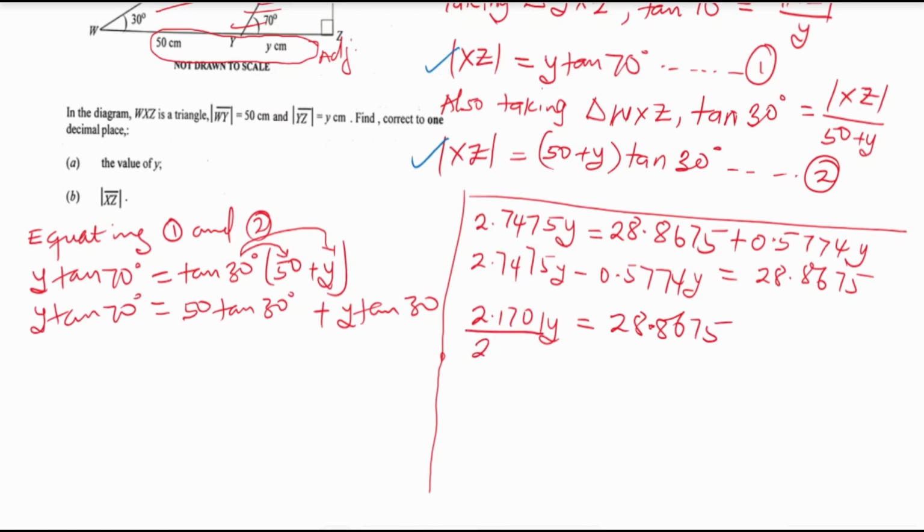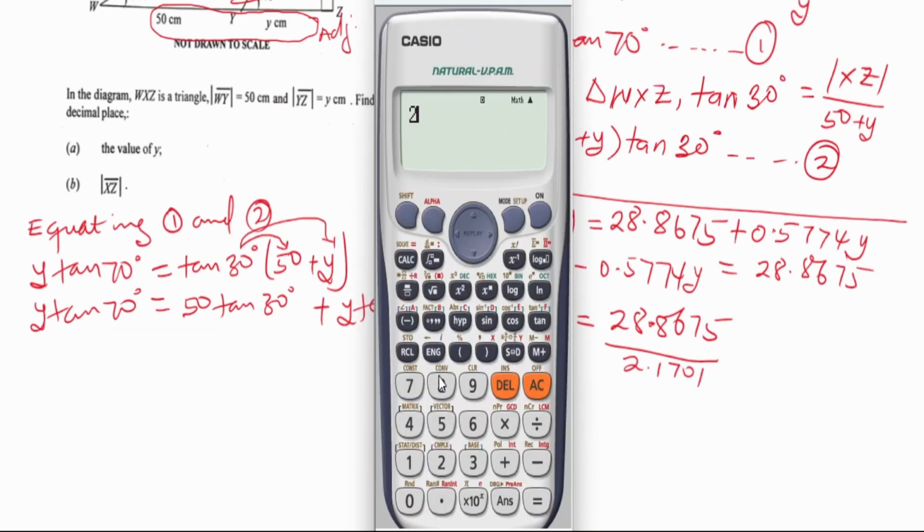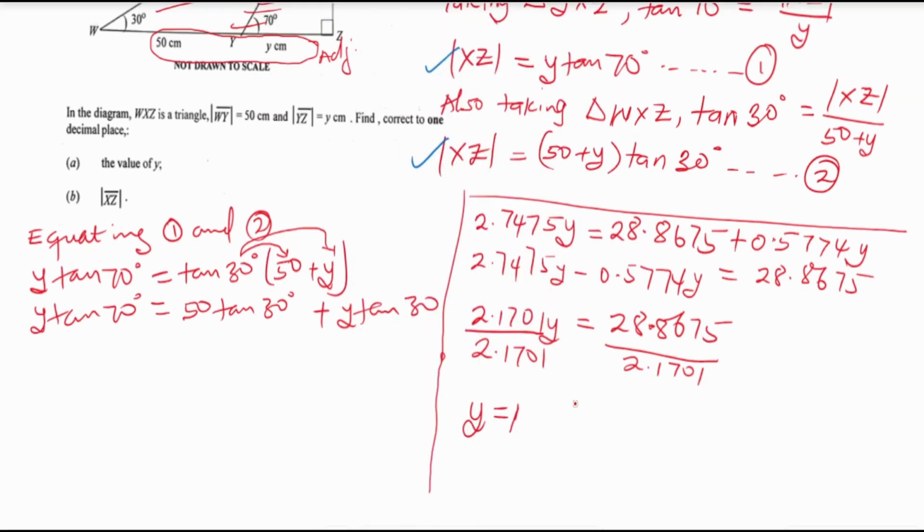Dividing both sides by 2.1701, y will be equal to 28.8675 divided by answer, and that will be equal to 13.3024.